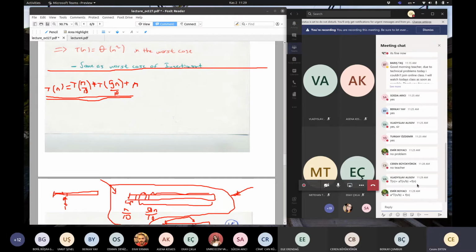Okay, yes. So Vladislav and Emir, T of n must be in the format A times T of n divided by B plus f of n, where A, B are positive constants and f of n is a positive function. Now, if we look at this recurrence, could we apply the master theorem directly?